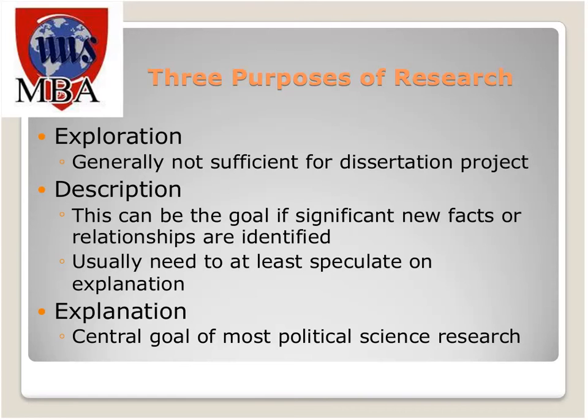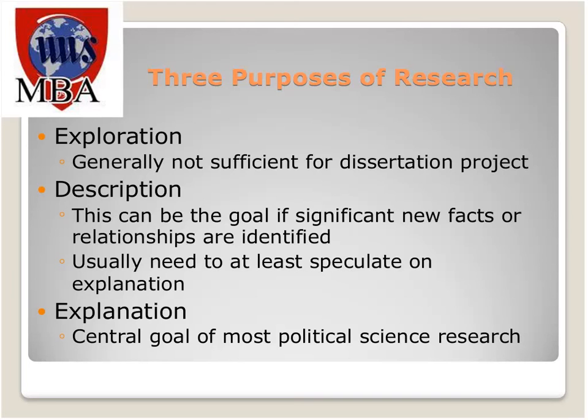Description can be the goal if significant new facts or relationships are identified. You usually need to at least speculate on explanation. And explanation is the central goal of most political science research.